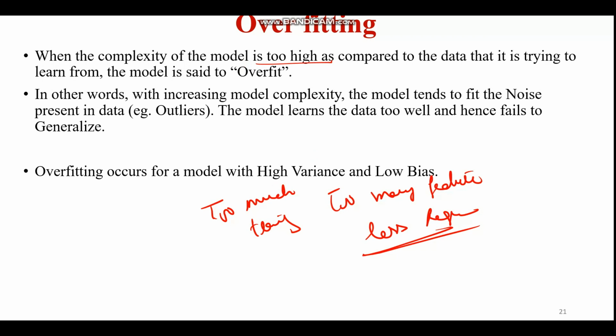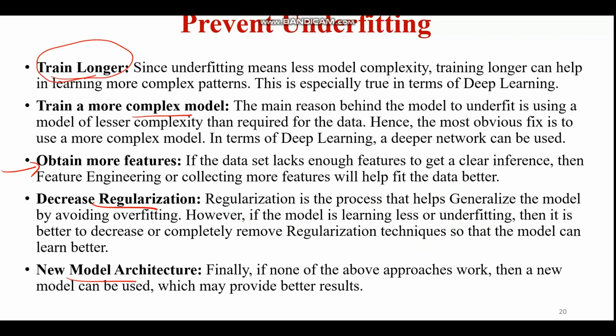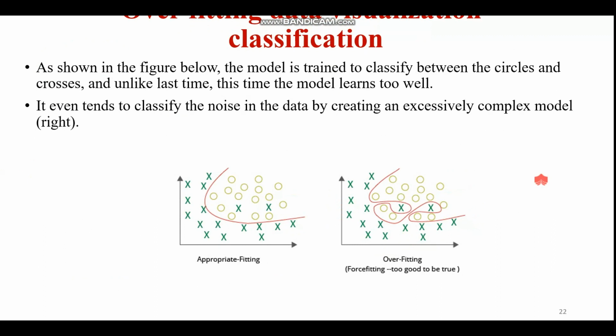So with increasing complexity, the model tends to fit the noise. In that case, the model is being trained on the noise present in the data, which can be outliers also. The overtraining is so much that the model will start learning from the noise. Let's have a look at the data visualization for classification.